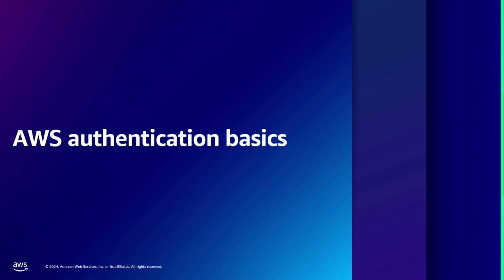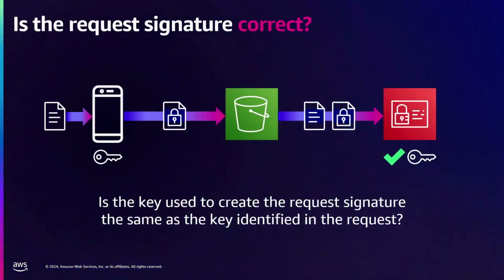Basics on the way AWS authentication works. You are given a secret key by AWS. You use that secret key to sign requests, and those requests come to Amazon S3 or any other AWS service with that signature attached. So the first thing that AWS has to do is check to make sure that that signature is correct, cryptographically correct.